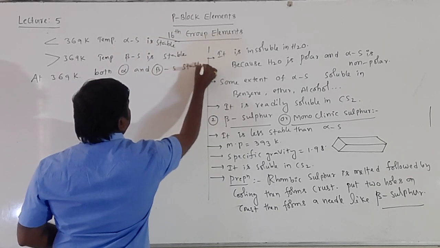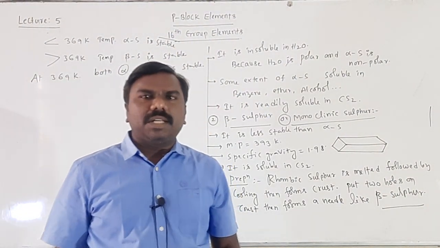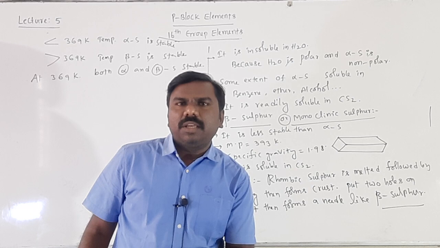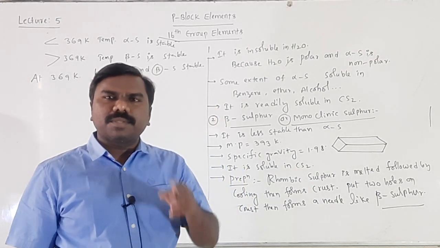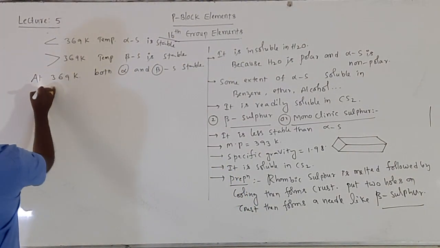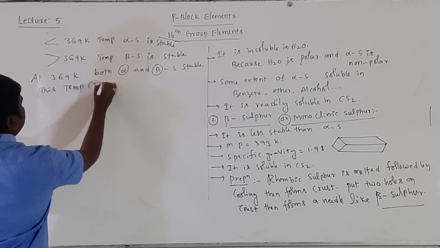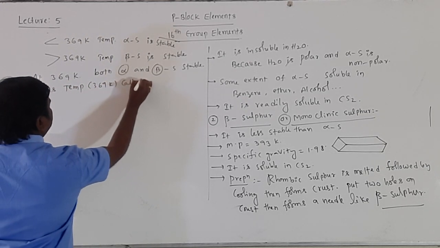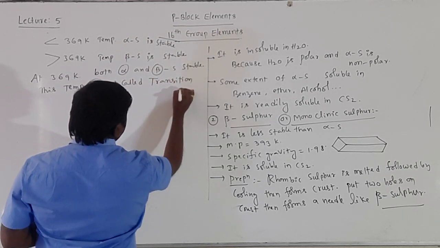Both are stable. When you increase the temperature, it becomes beta. If you decrease the temperature, it becomes alpha. If you maintain the temperature constant, both sulfurs are stable. This 369 Kelvin temperature is called the transition temperature.